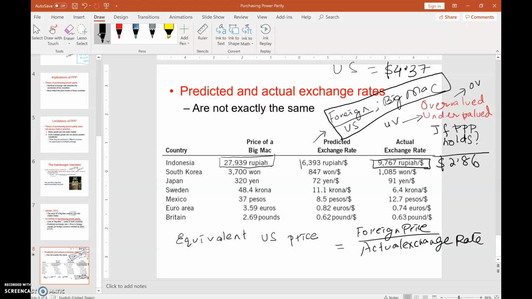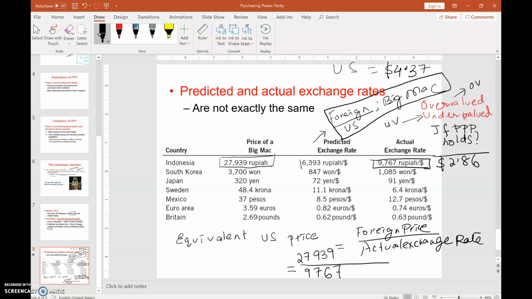For Indonesia, the foreign price is 27,939 rupiah over the actual exchange rate, which is 9,767 rupiah per dollar.